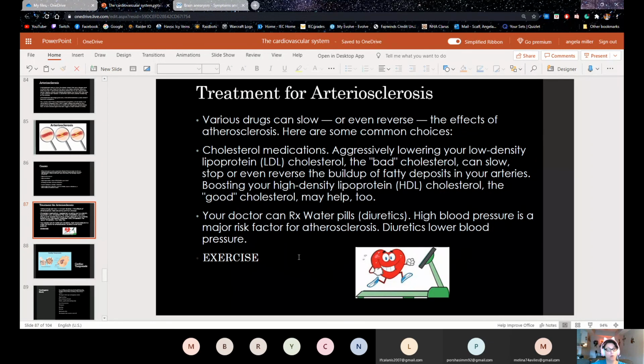And the way that we do that is through diet, through nutrition, right? Stop eating the fatty foods and lots of red meat and anything that's high in trans fat, because all of that is going to be detrimental not only to the heart but the arteries as well.